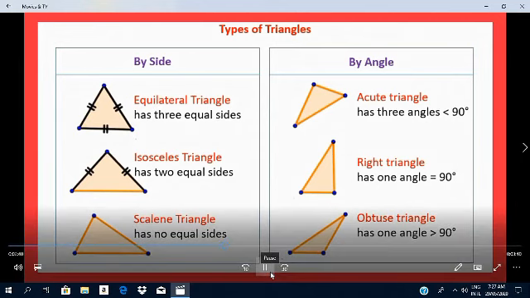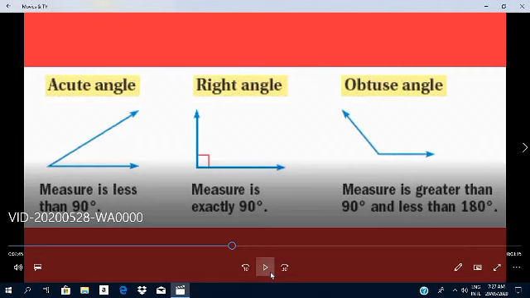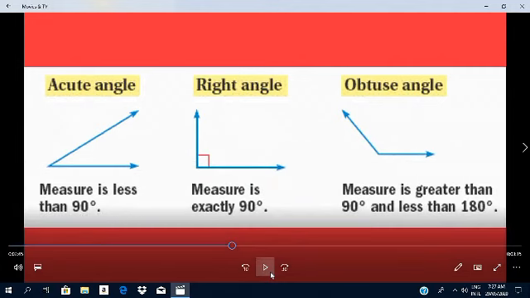Now, we'll move on to identify them. You can see an acute angle is less than 90 degrees. Now anytime you see a triangle having less than 90 degrees in its three angles, you will always see them in this fashion.